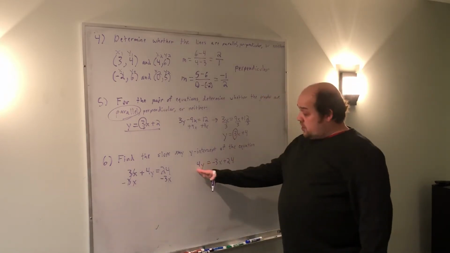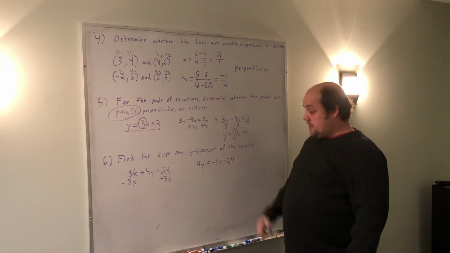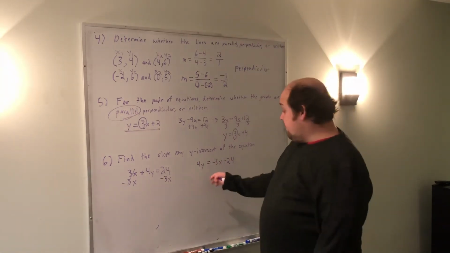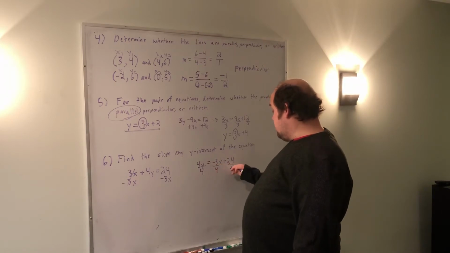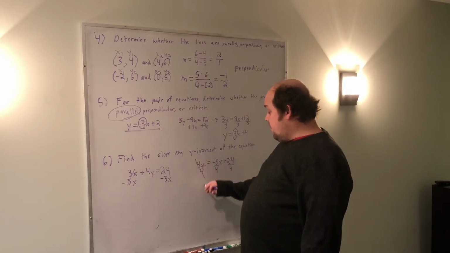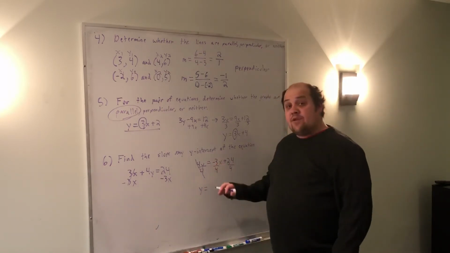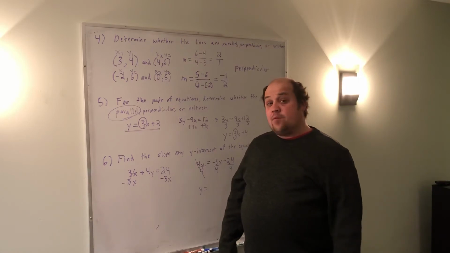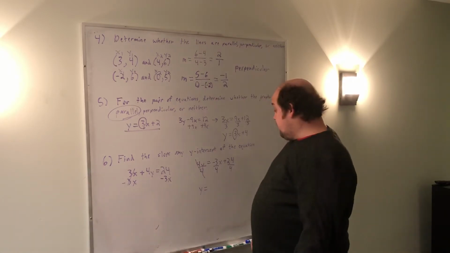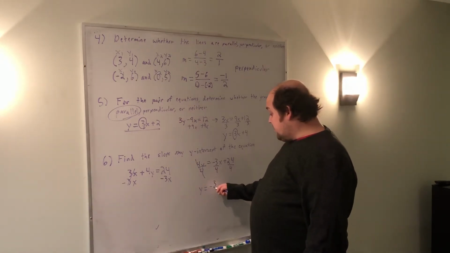Now that I have just y's, and I have things organized in the form x's, then no x's, I can divide through by what's in front of the y. Here it's a 4, so this divides by 4, this divides by 4. 4 divided by 4 goes away and just leaves me with y. This negative 3/4, normally I tell you to put into your calculator and get negative 0.75 as a decimal, but really since we're trying to find the slope, it's better to leave the slope as a fraction.